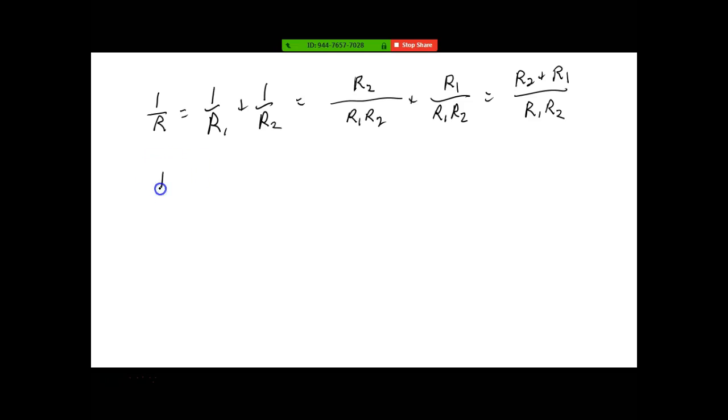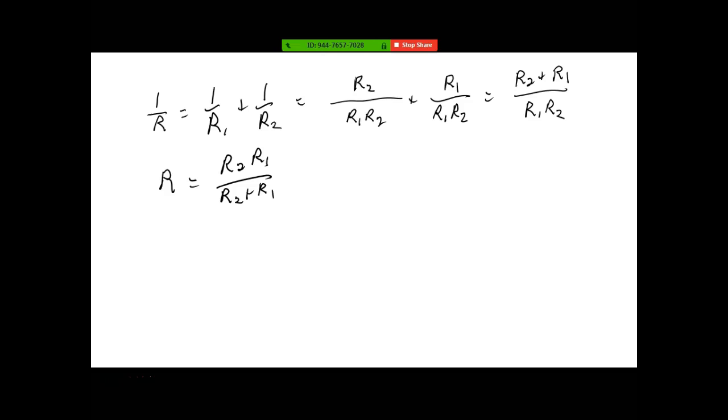Now this gives you 1 over R. So to get R, you have to reciprocate. Flip that over: R2 times R1 over R2 plus R1. Now you could write R1 plus R2 and R1 times R2. It doesn't matter, because both multiplication and addition are commutative. But what you see there is the product of those resistors divided by the sum.